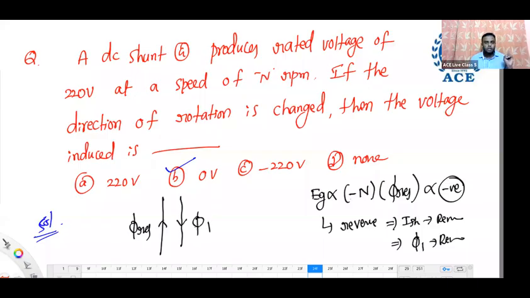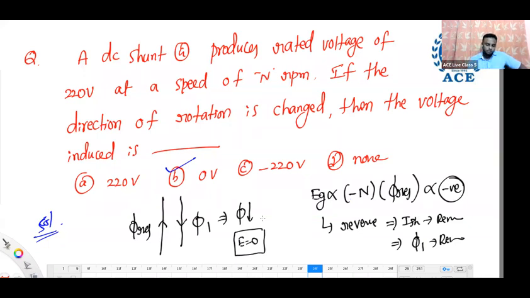Now the two fields are in opposition or not? Yes, the produced flux is opposite to the residual flux. That's why resultant flux decreases. Finally voltage is 0. Once voltage is 0, no current, no further flux, totally EMF is 0. No voltage builds further. Voltage drops to 0.